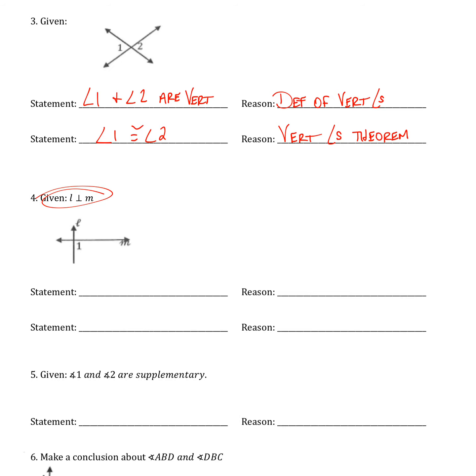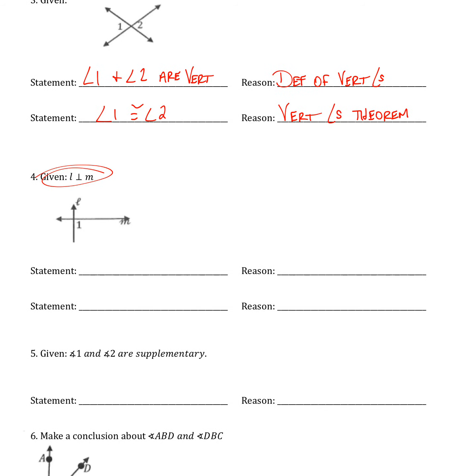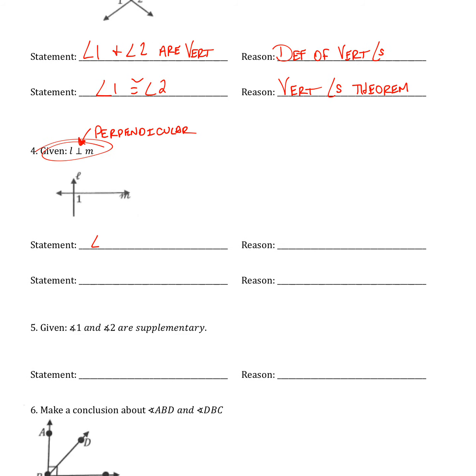So our given: L is perpendicular to M. Remember that little upside down T? That's my perpendicular symbol. Because they're perpendicular, we know angle 1 is a right angle, and that is the definition of perpendicular lines.